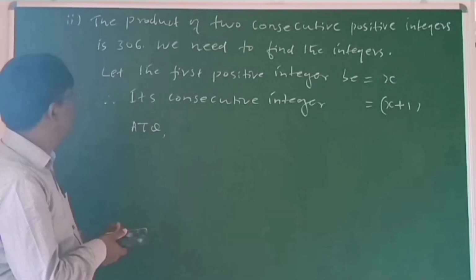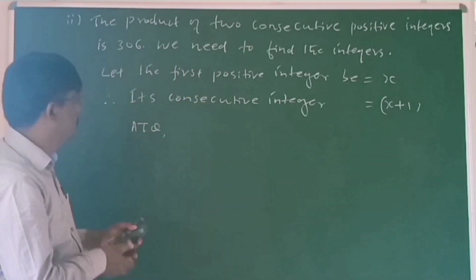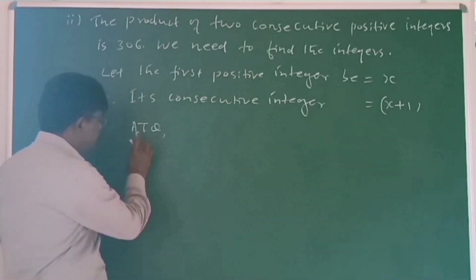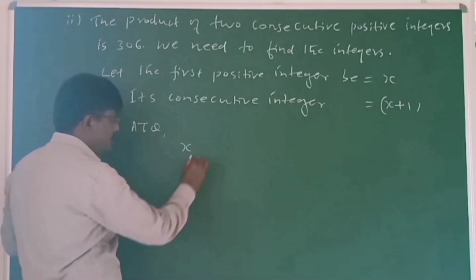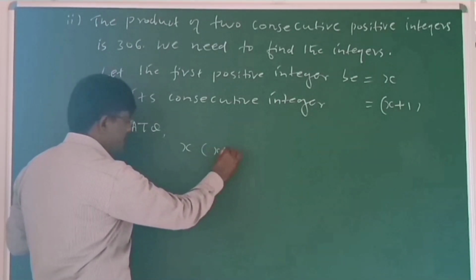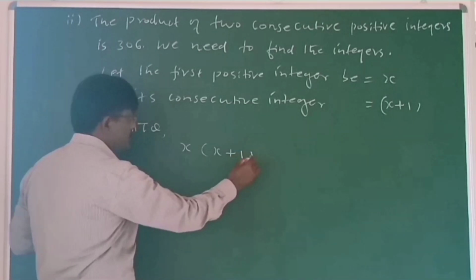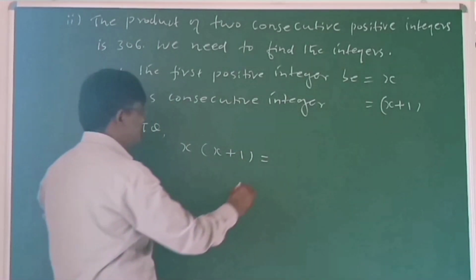According to the question, the product of two consecutive integers: the first integer and the second integer, and their product means x into x plus 1 equal to how much? The product is 306.